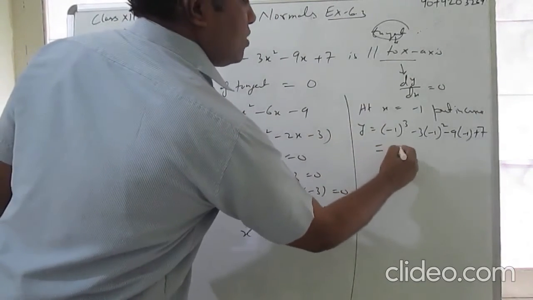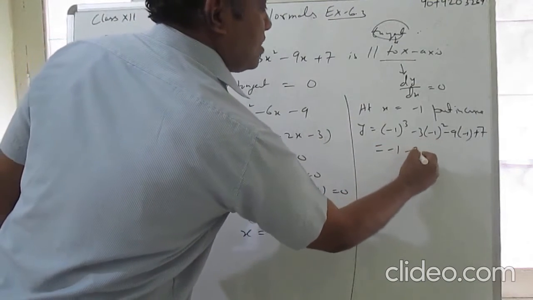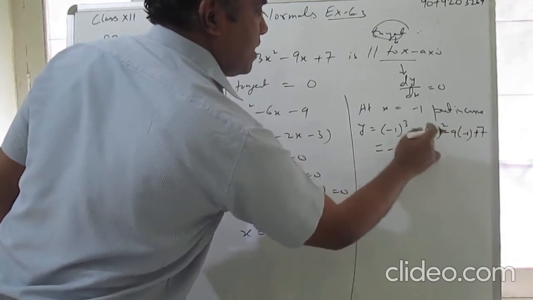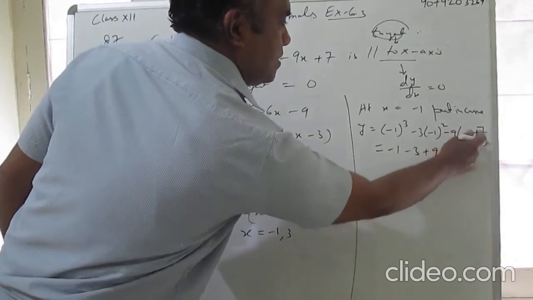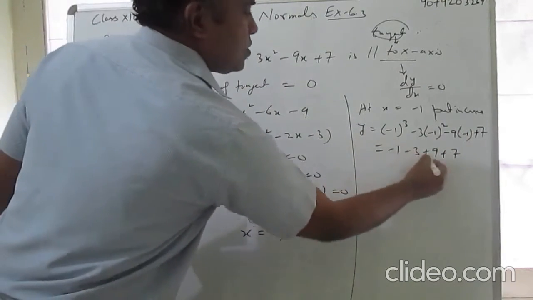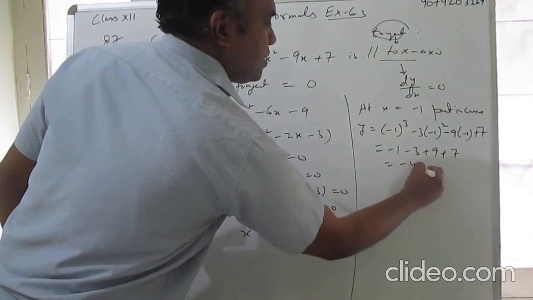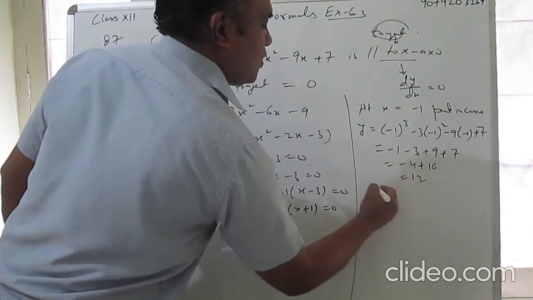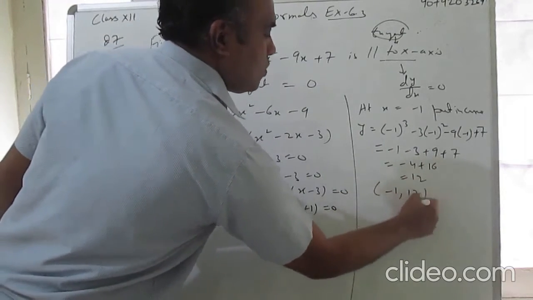Now see, minus 1 minus 3 plus 9 and plus 7. So 16 minus 4 is equal to 12. So first point is minus 1 comma 12.